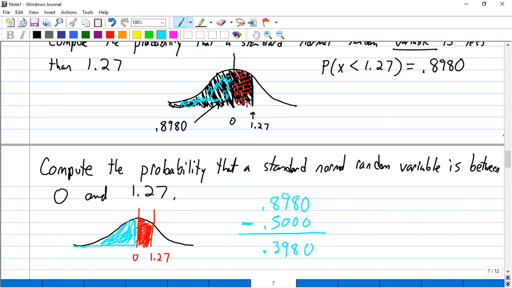If I need to find the area between two values, I'm going to find the area of the one furthest to the right, and I'm going to subtract the area of the one furthest to the left. So in your notes on your PowerPoint, it might be important for you to write down: the one furthest to the right minus the one furthest to the left. That's how you find the area between two.